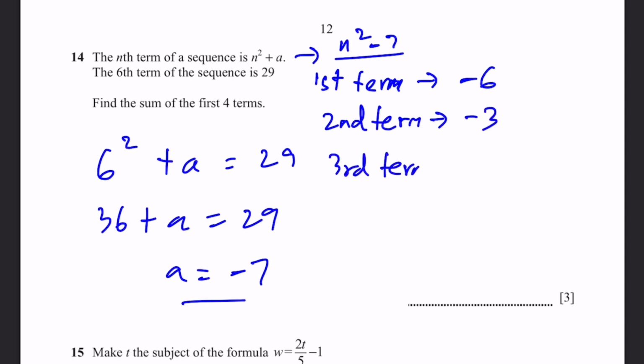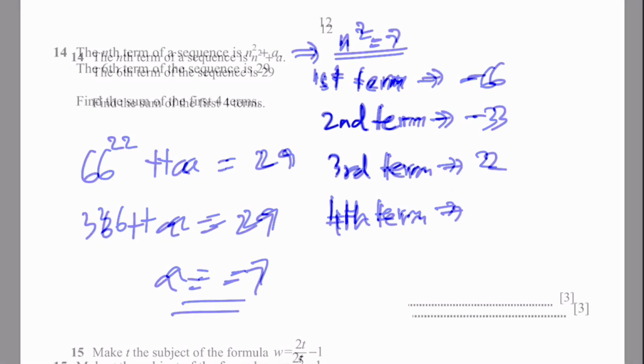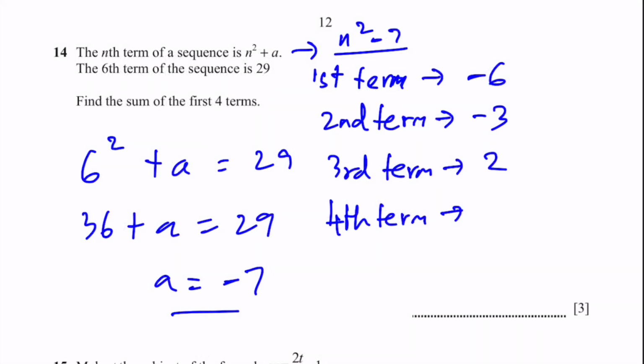Third term is 3 squared minus 7, 9 minus 7 is 2. Fourth term, it's 4 squared minus 7, which is equal to 16 minus 7, which is 9. So the sum of these, if we add all of these up, we get 2. And that's our answer. Let's go to question 15.